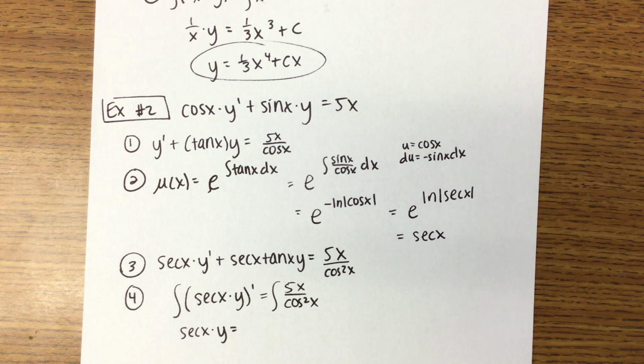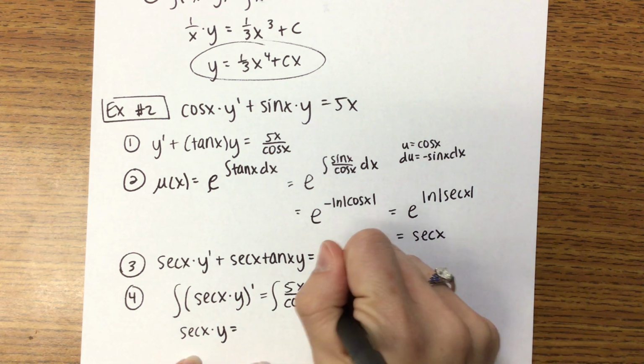Okay, so for tabular, there's two things that have to be true. Do you have a term that when you differentiate it, you're going to get to 0? Yes, what is that? 5x. Whatever's left, do you know how to integrate that? Can you integrate secant squared? Yeah, okay, so yes, we're going to do tabular.